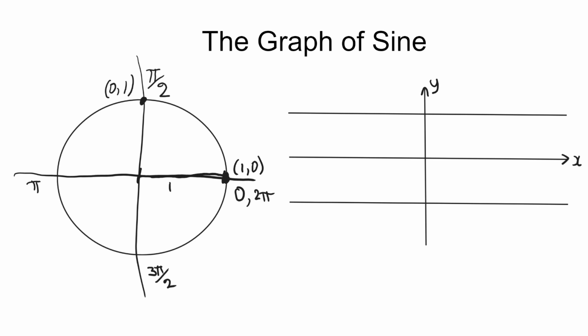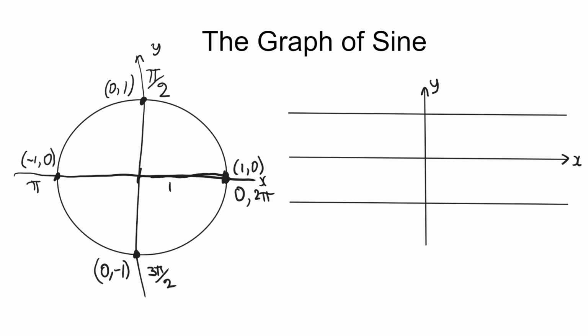And if you think about this, like if you were graphing on the xy plane, and you have a unit, then your points on the y-axis, if you want to call this your y-axis, that's essentially what you would have. So for pi, we're now on the negative side, so this is going to be negative 1, 0. And then below here for 3 pi over 2, we're going to have 0, negative 1, and so forth.